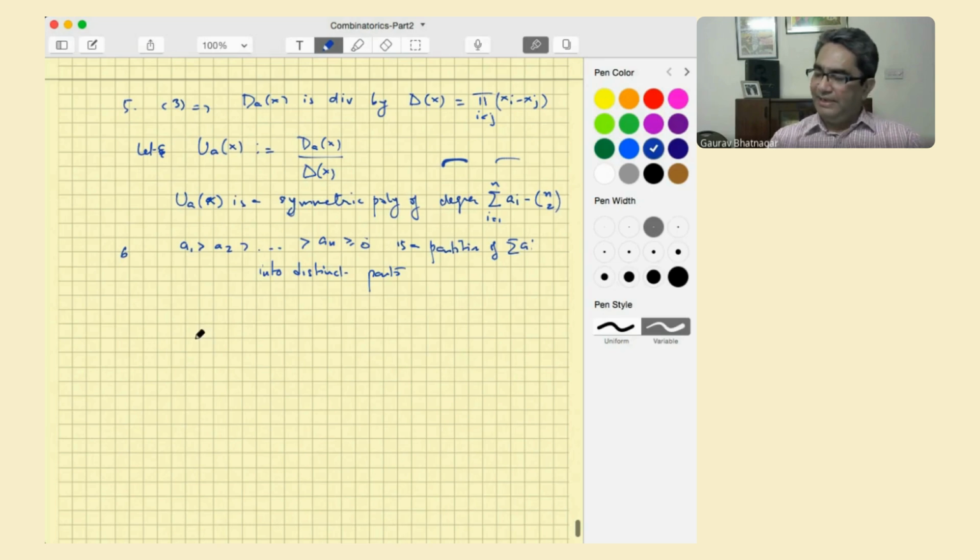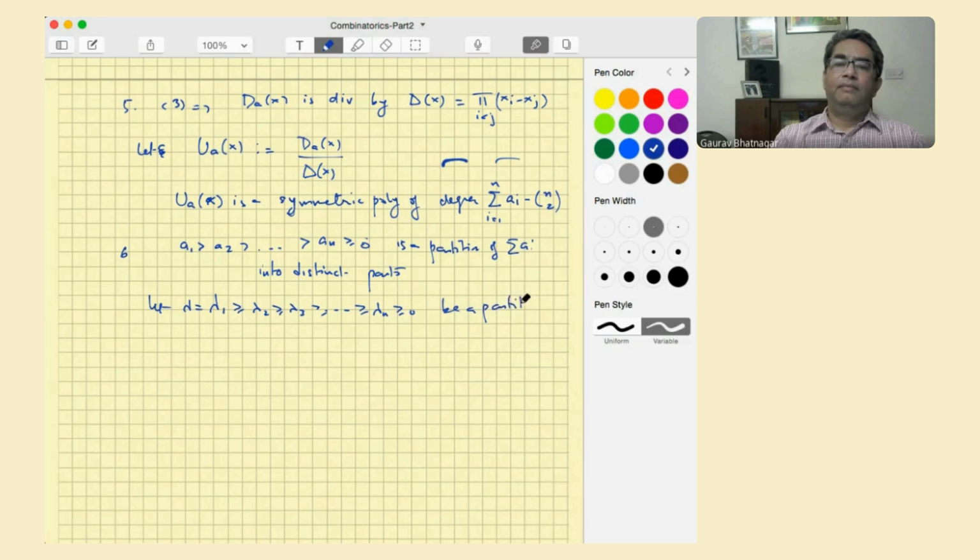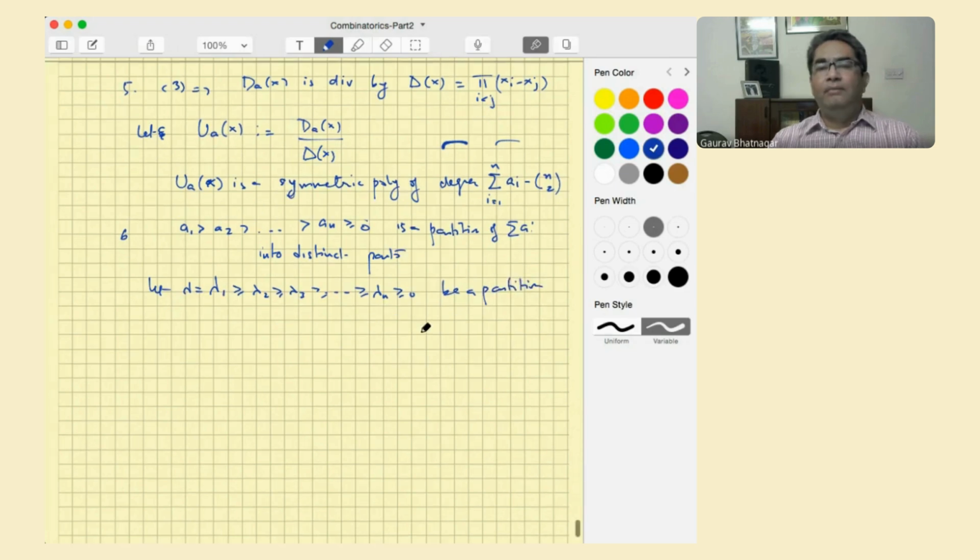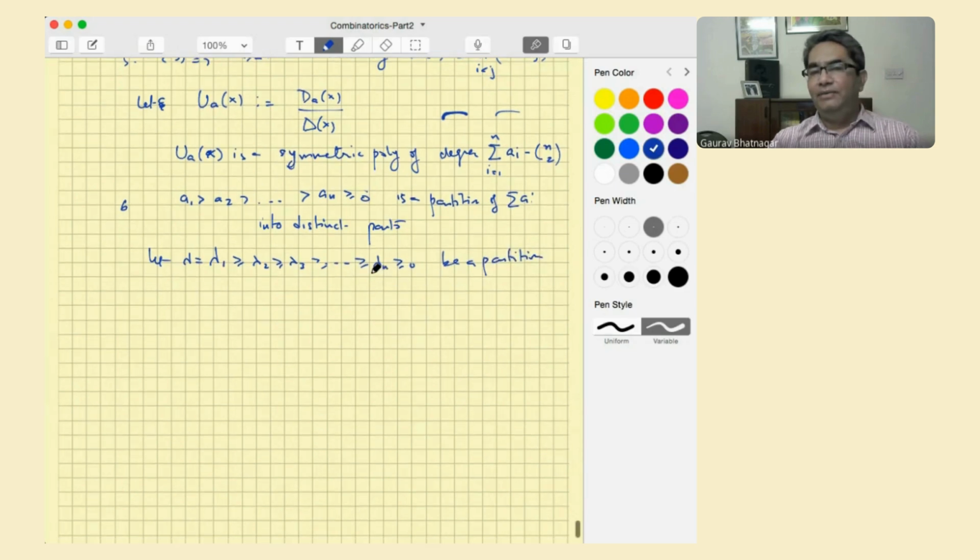So what we do is, let lambda, which is lambda 1 bigger than or equal to lambda 2 bigger than or equal to lambda 3, so on up till lambda n, be a partition. Whatever, you can pad it with zeros.